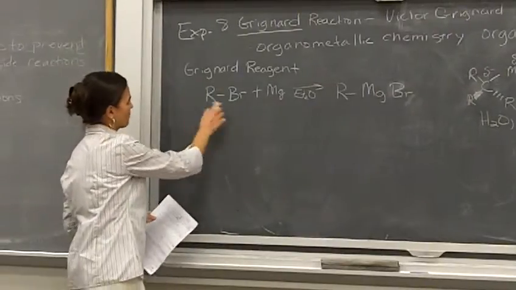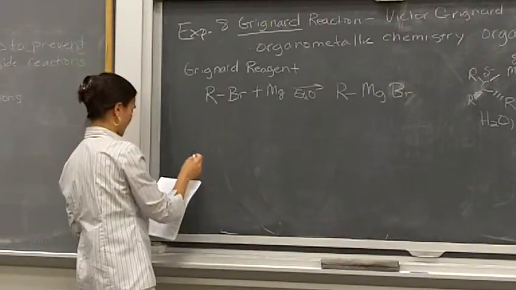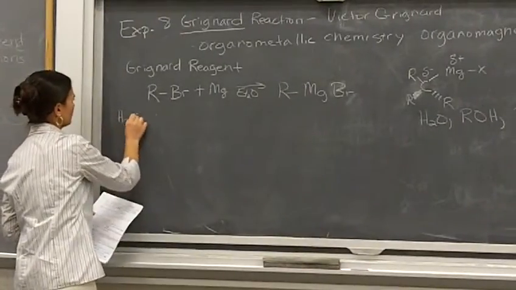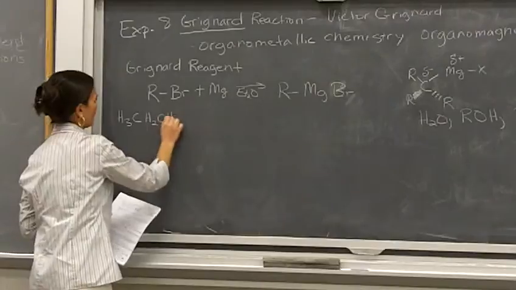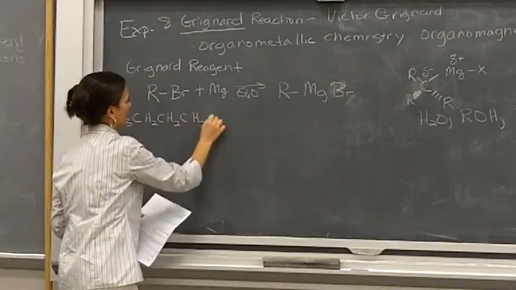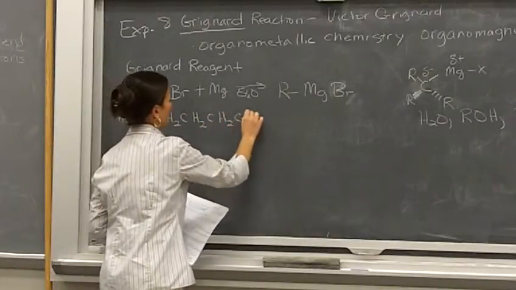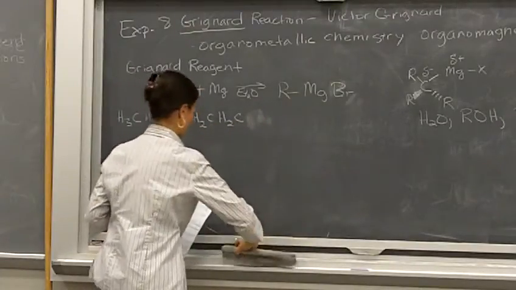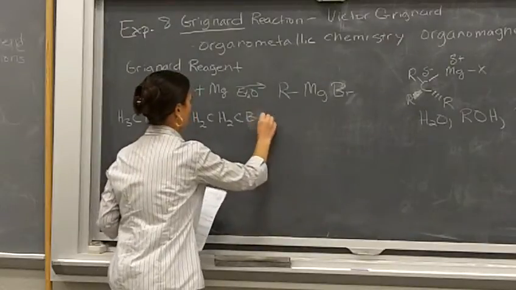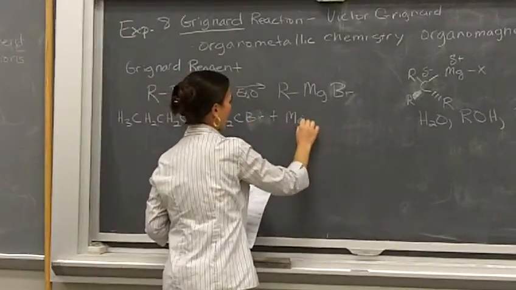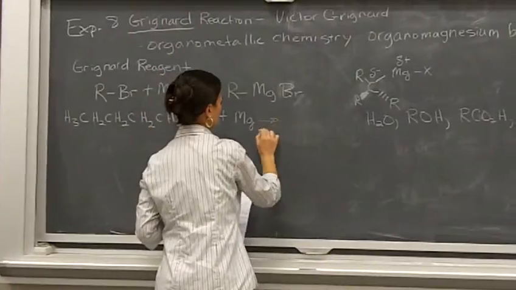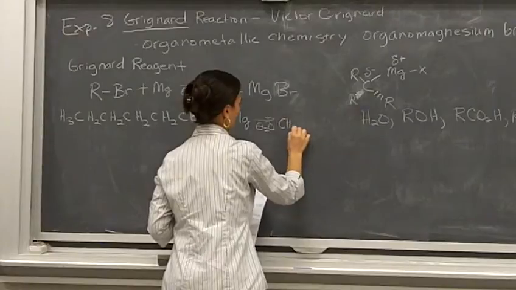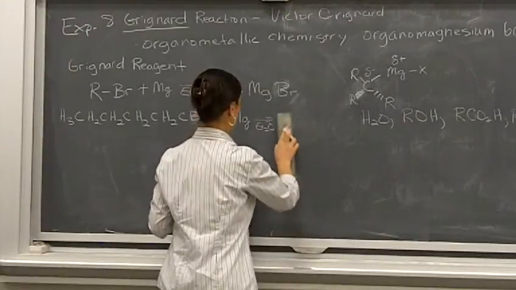So an example, instead of our R groups, let's say we have 1-bromopentane. React that with magnesium.